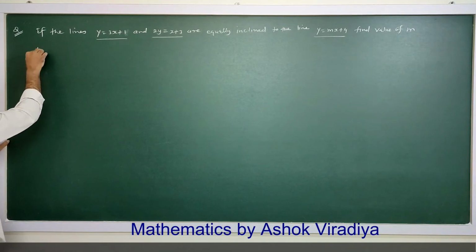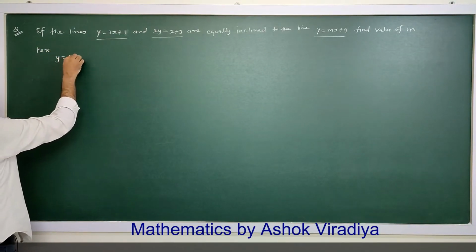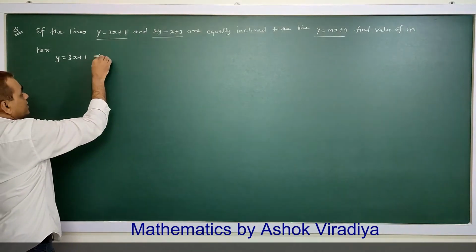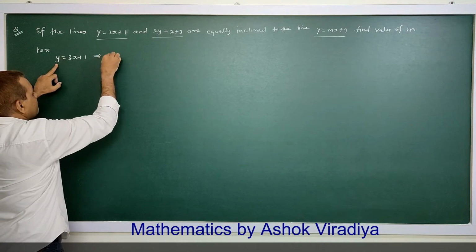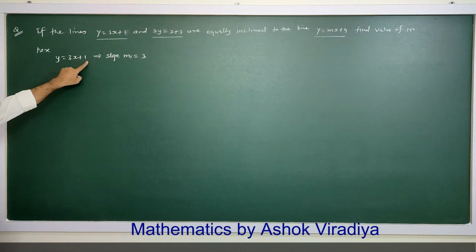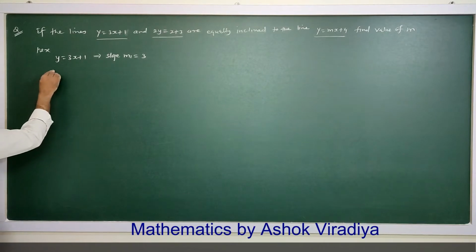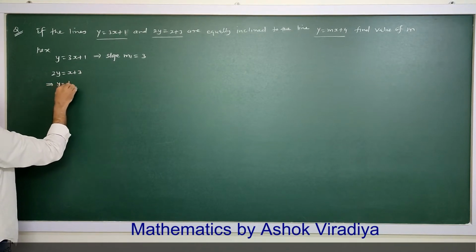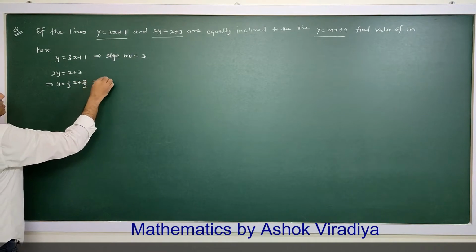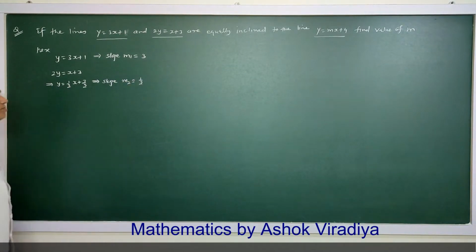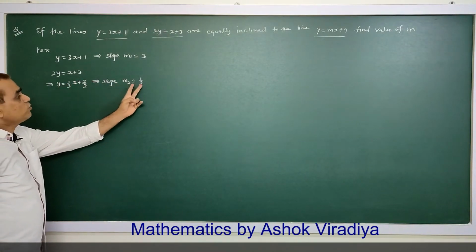Say y = 3x + 1 is the first line. Its slope, let me say m1, is 3, from the form y = mx + c. The second line is 2y = x + 3, that means y = (1/2)x + 3/2. Its slope, let me say m2, is 1/2.